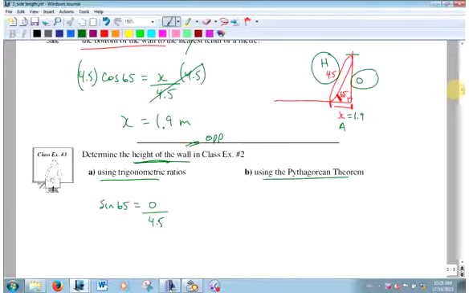How do I solve that thing for O? How do I get rid of 4.5? Multiply both sides. Whatever you do to one side, do to the other side. Plug that in your calculator. And the opposite is 4.1 meters. That's the height of the wall, right?